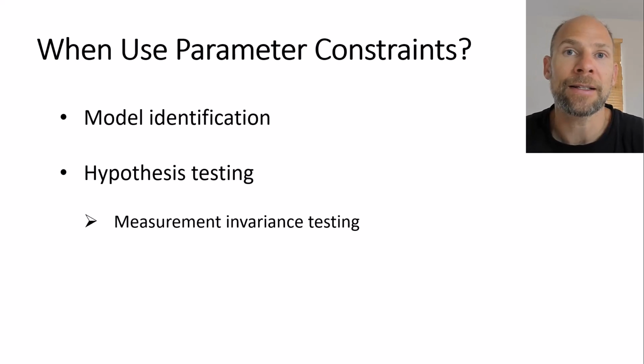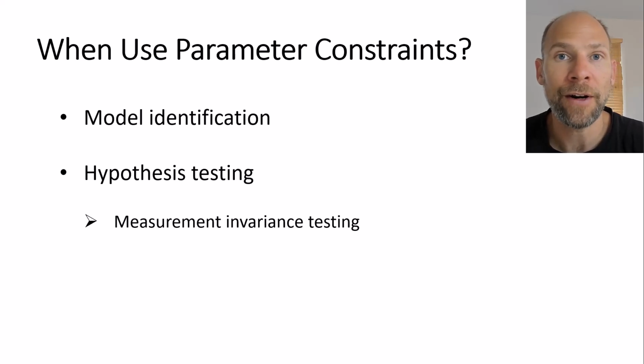That is something that is relevant in longitudinal studies when you have multiple indicator models and you have multiple time points and you want to figure out whether your measures show the same psychometric properties across time, whether there's invariance of the loadings, invariance of intercepts, and/or of error variances across time.